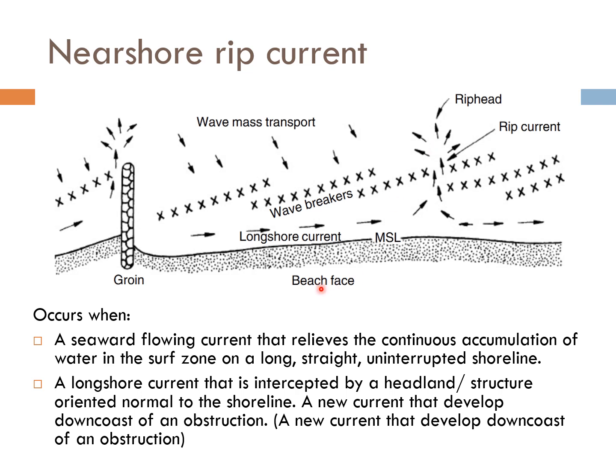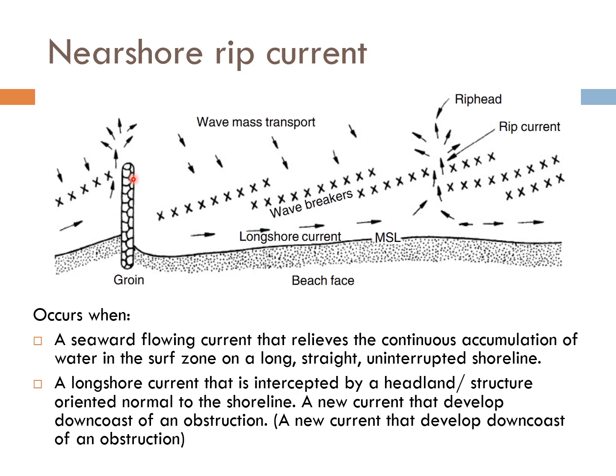Rip current can also happen if the longshore current is intercepted by a structure built perpendicular to the shoreline. We mentioned earlier that a structure like this can be effective in addressing the longshore transport if it is long enough into the sea.